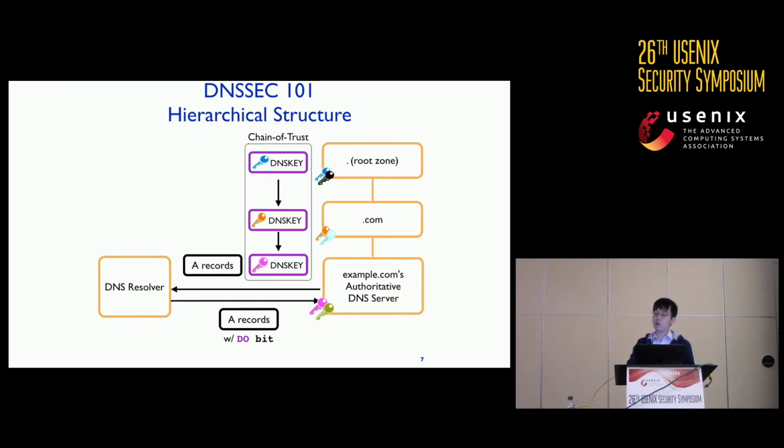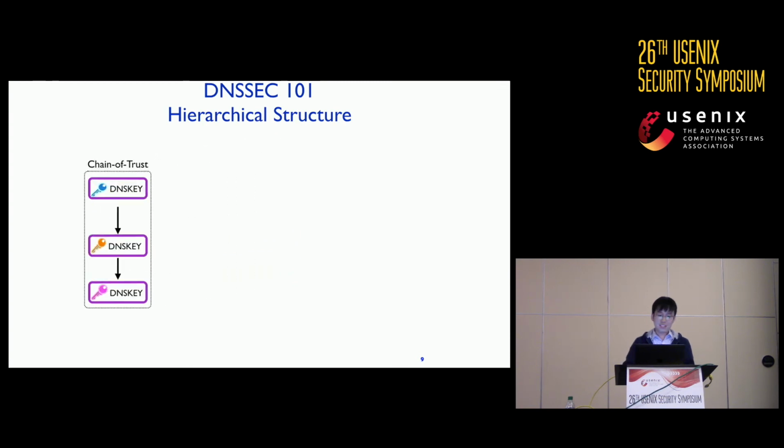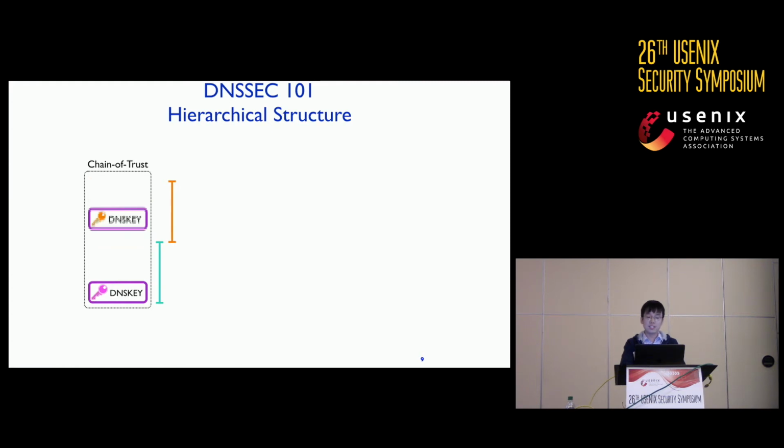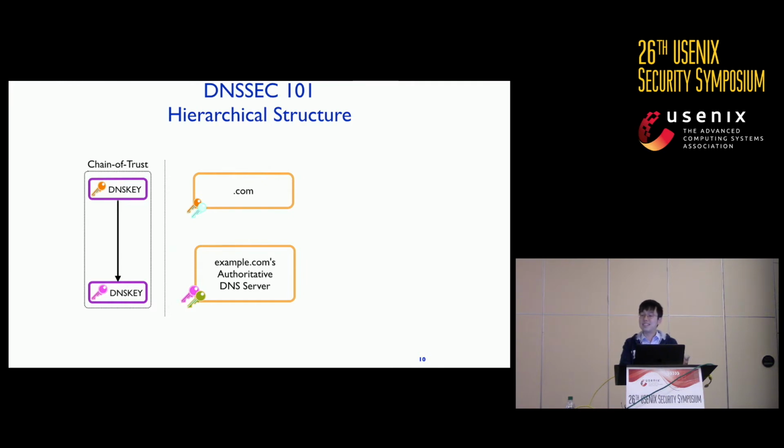To understand how DNSSEC works, you need to understand just two features: the DS record and the two kinds of DNS key. These two features are why DNSSEC looks complicated, so brace yourself. The signing process between .com and example.com, and between .com and the root zone, is almost the same, so let's focus on the first two. If I want to make my example.com key signed, I create a record called a DS record, which is basically a hash of the DNS key, and upload it to the .com zone.